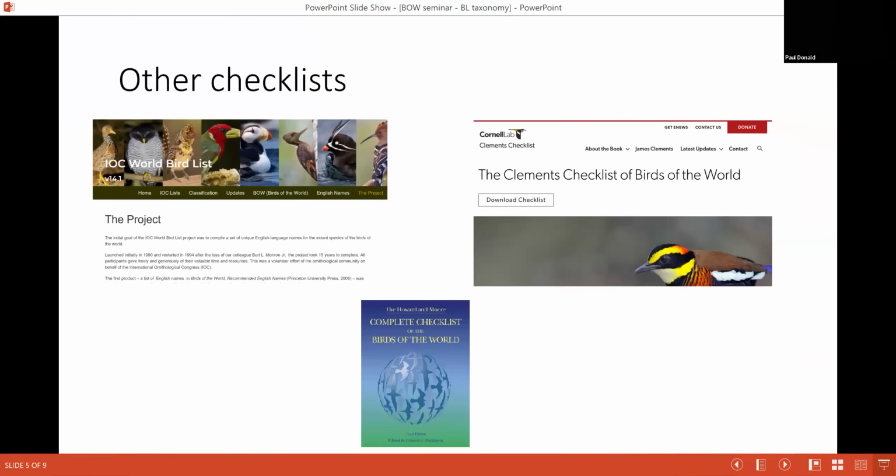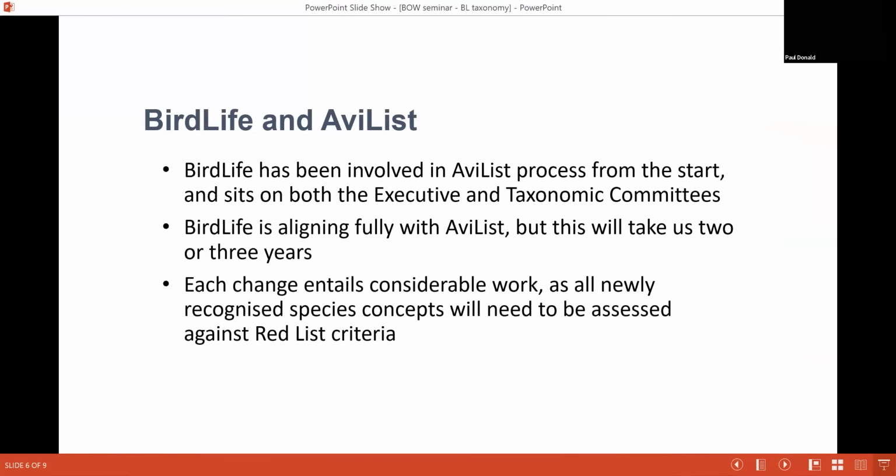But as both Pam and Marshall have said, we're one of a number of checklists. We're one of 3 major annually updated checklists. Howard and Moore isn't updated annually. And we have had these numerous problems that Marshall's enumerated, that we've been out of sync with other lists for quite a long time. So when AviList came along, we decided that we were going to throw our hats into that particular ring.